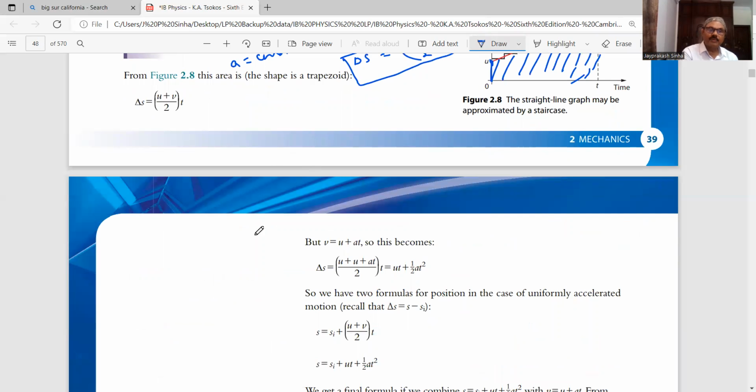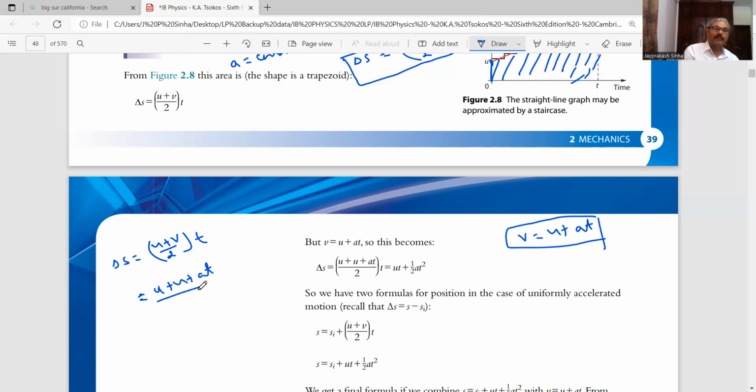Now see here, from the same equation we have already got delta s is equal to u plus v by 2 into t. We have already derived that v is equal to u plus at, which is the first equation of motion. So in place of v, you can write u plus at. You are replacing this v. So we can write u plus at upon 2 into t.